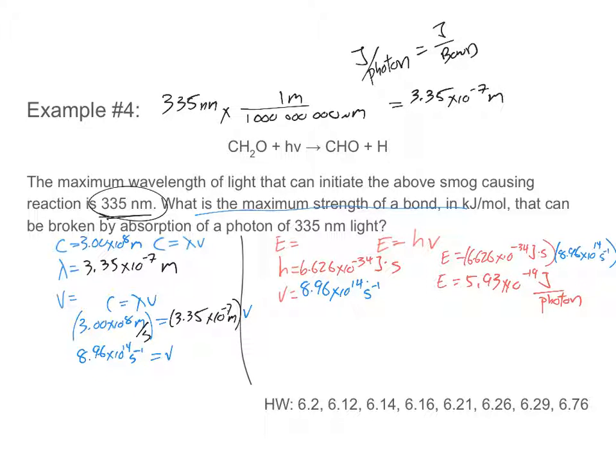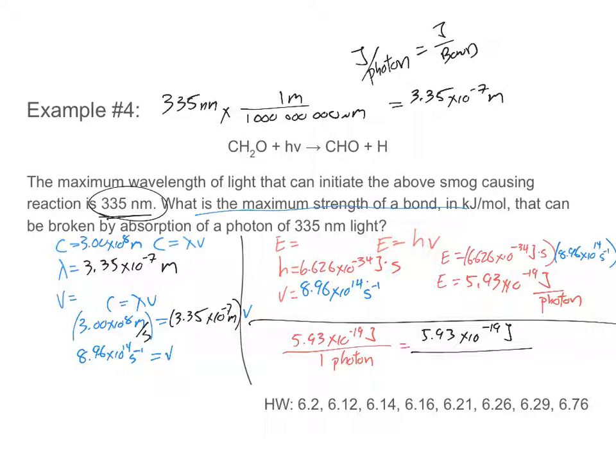So if that's the case, I now know that 5.93 times 10 to the minus 19 joules in 1 photon, going back to what I said above, is equal to 5.93 times 10 to the minus 19 joules in one bond.